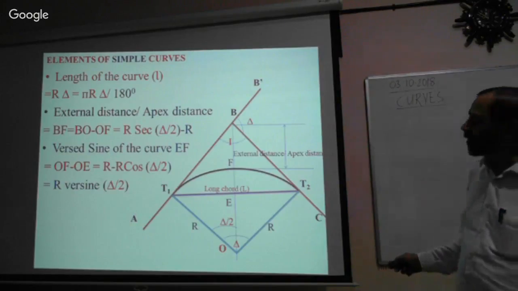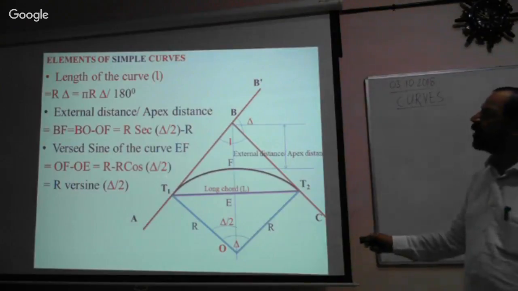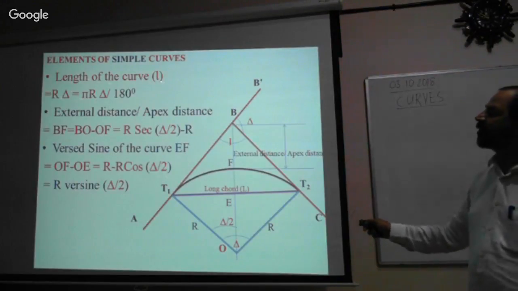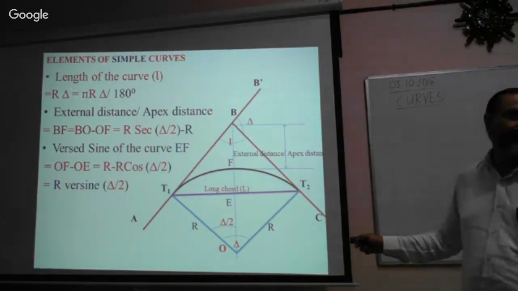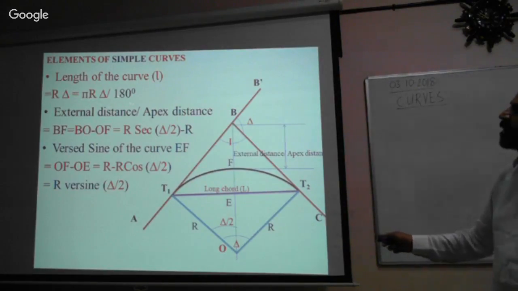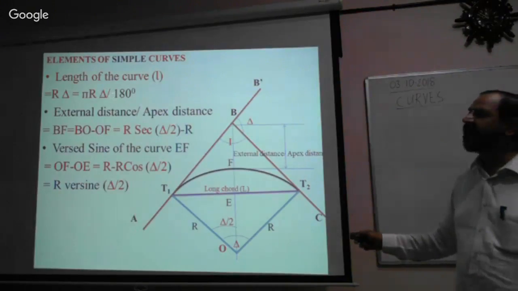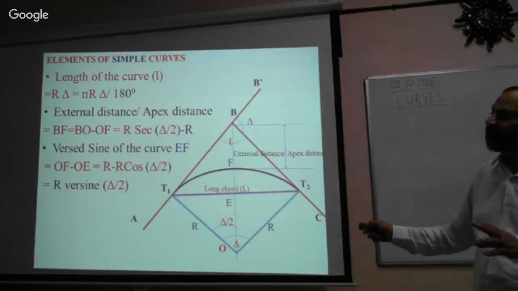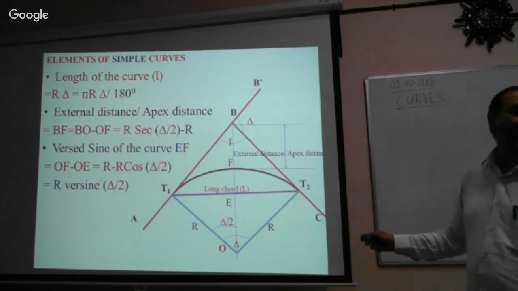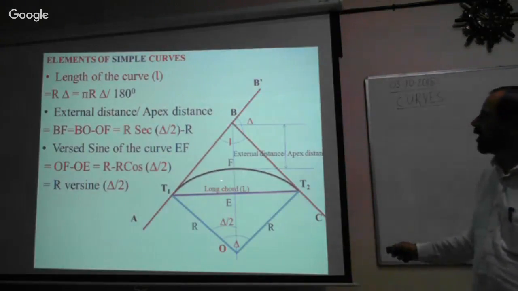Therefore, the length of the curve is l equal to R into delta, multiplied by pi by 180 to convert to radians. Now we can calculate the length of the curve.